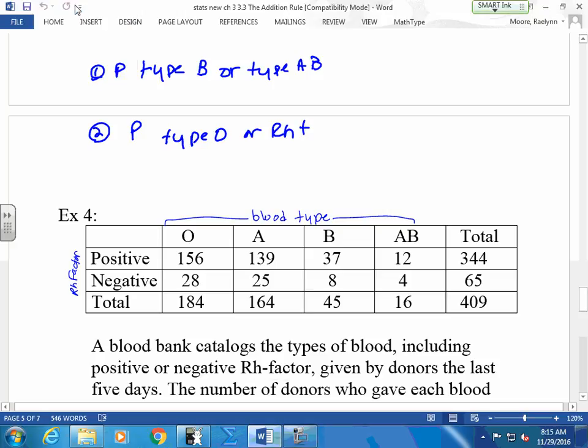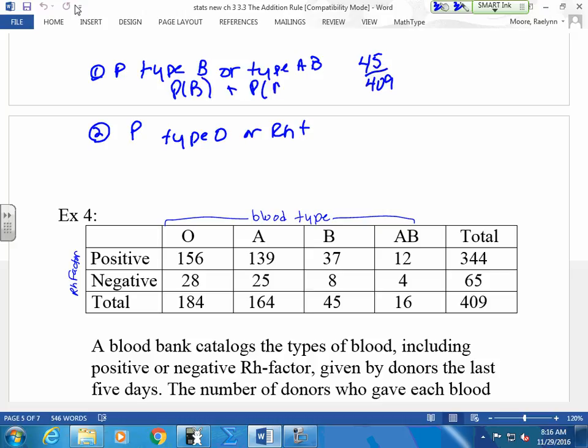Okay, so for the first one, Devin, give me your equation for this, your formula for this. 45 over 409, so he's doing the probability of B plus the probability of AB. Do they overlap at all?